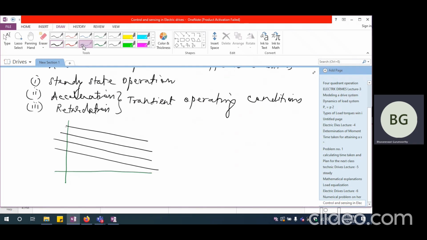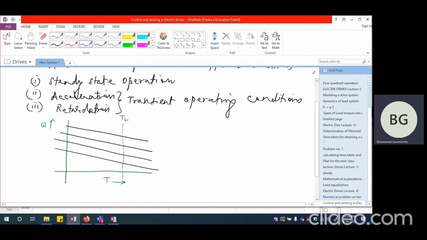So this is omega axis, and this is going to be the torque axis. Okay. So if this is the kind of condition we are having, and let us say I am having a specific load torque demand, which is a constant load torque demand. So this is what is my TL.